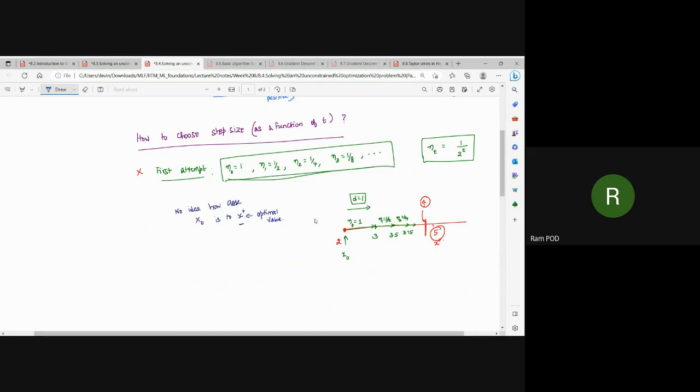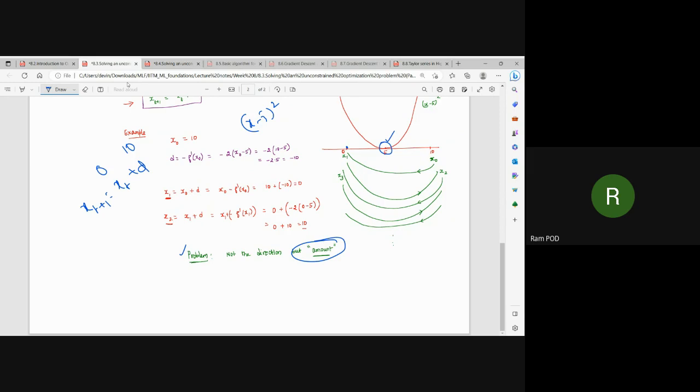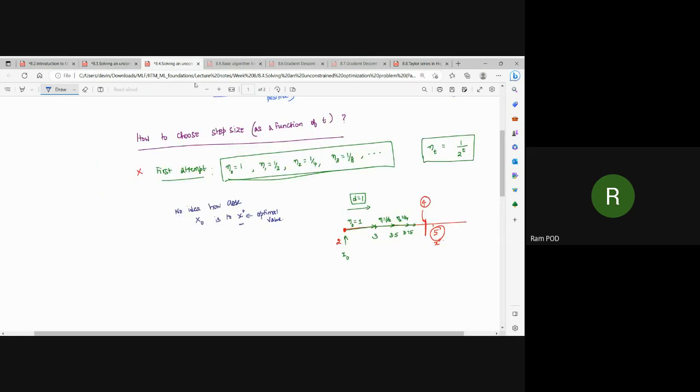The first example given here was this 1 by 2 power t. The problem with this is, previously we were oscillating, that is, we were never reaching it. We were just oscillating between 0 and 10. But if you choose this 1 by 2 power t, because the step size will reduce too much after each iteration, you may never be able to reach this 5 even after so many iterations.